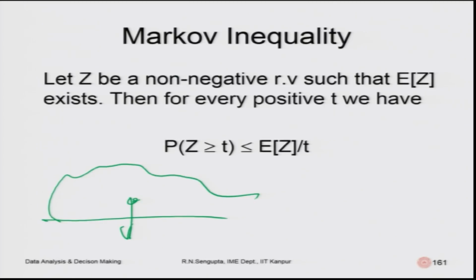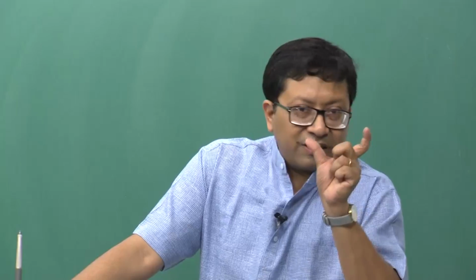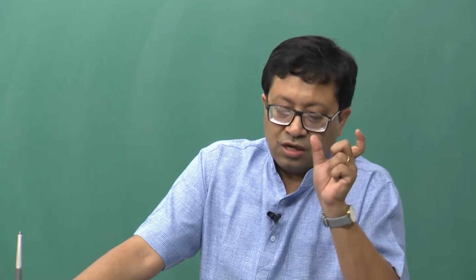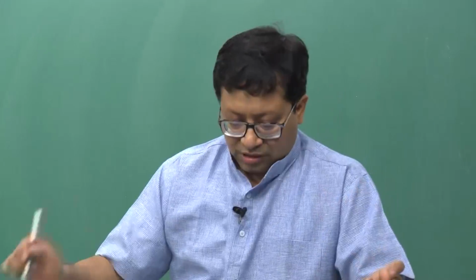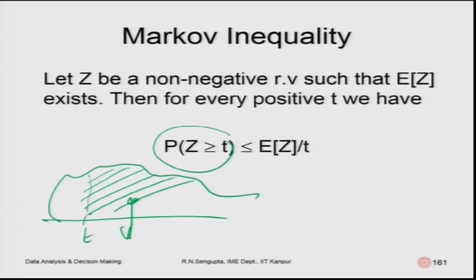So, what we are trying to do is take the probabilities multiplied by the distance. Let me consider t values here. So, the probability of the Z value being greater than t, multiplied by t.